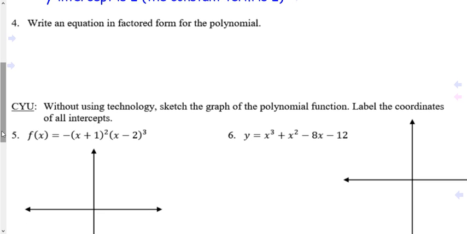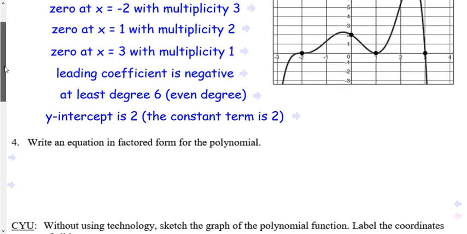Our next question. We want to write an equation in factored form for the polynomial. So what we know is, well, we'll scroll so we can see that much. I have a 0 at x equal negative 2 with multiplicity 3. So what's the factor that corresponds to x equaling negative 2? X plus 2.